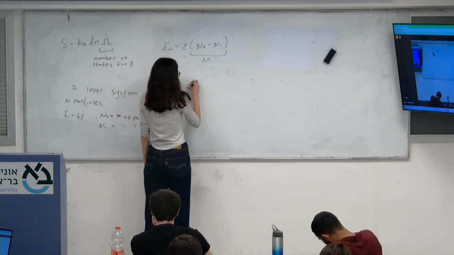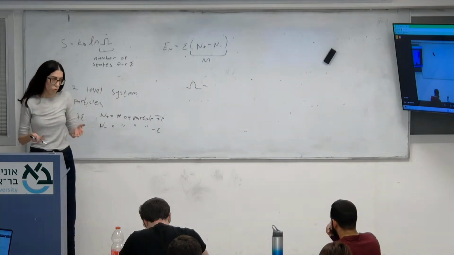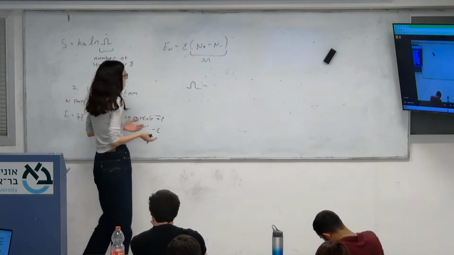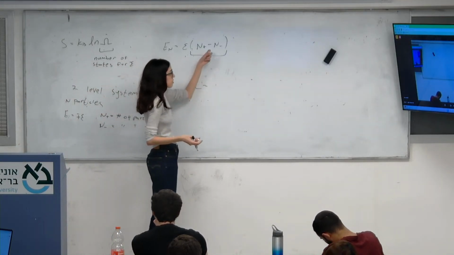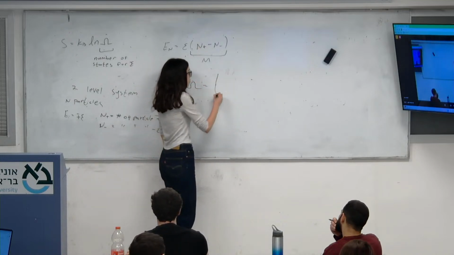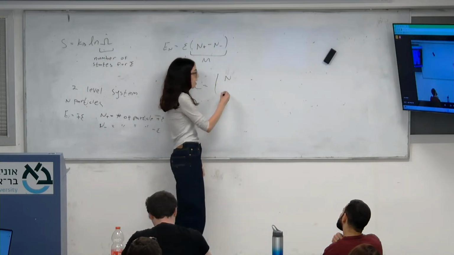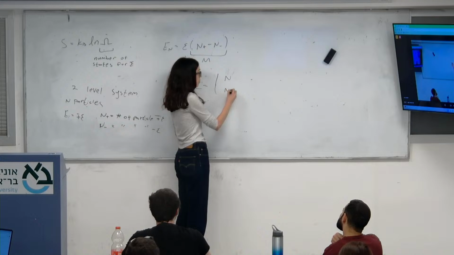This time we won't do something too fancy. The number of options to organize the system with specific combinations of n plus and n minus is basically, out of all of the n particles, how many options I have to choose n plus.